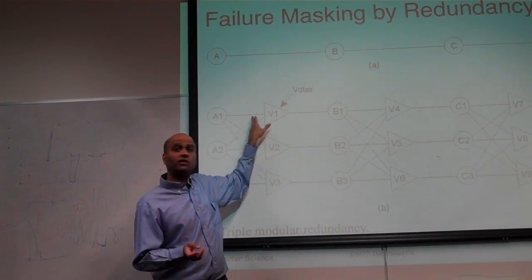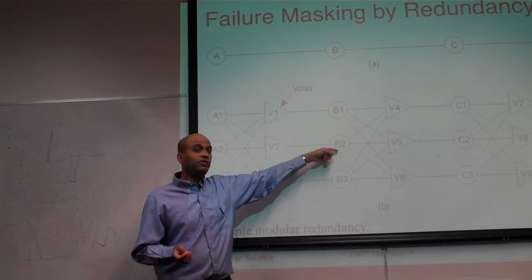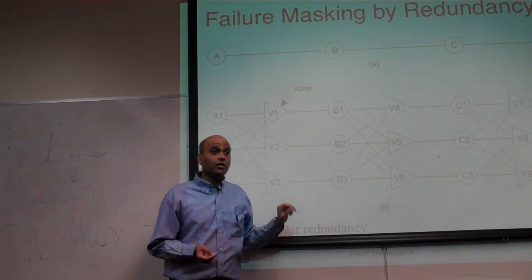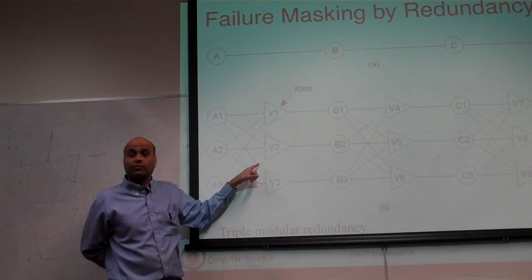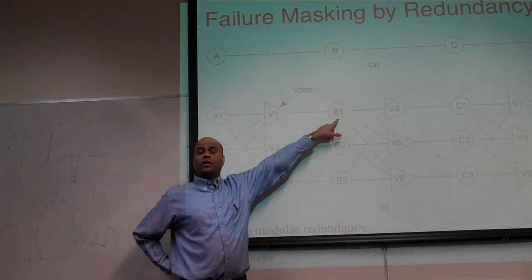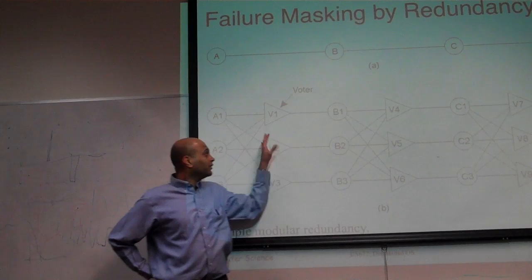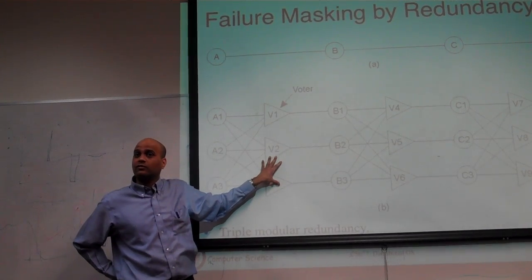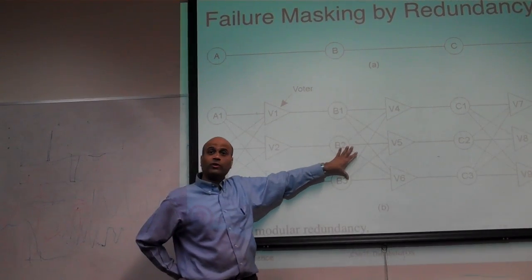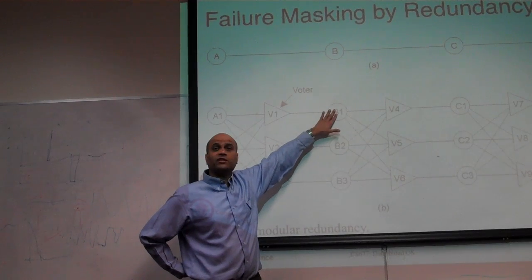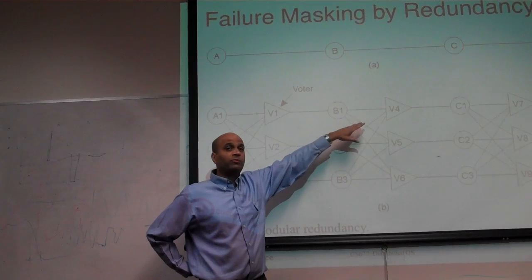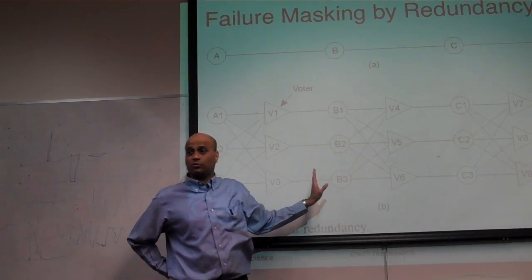Even if one voter is faulty, each voter is only feeding one component in the next stage. So if any of the voters is faulty, it will only send a wrong input to the next stage, but the other two voters are assumed to be fine. So B1 may receive the wrong input, and even though B1 may not be faulty, it will produce the wrong output, but B2 and B3 are okay.